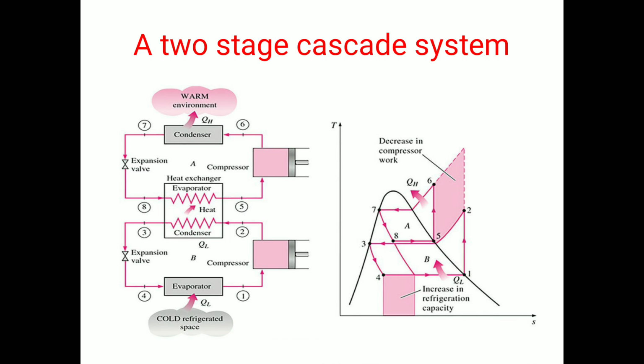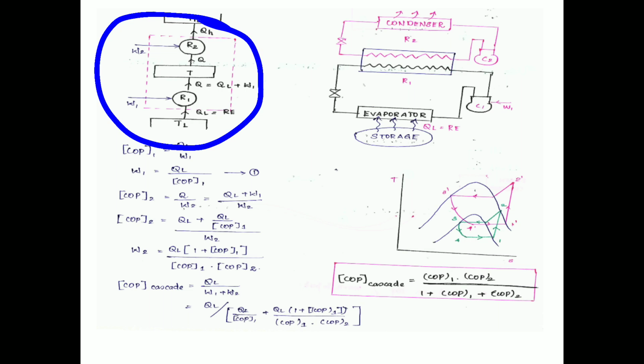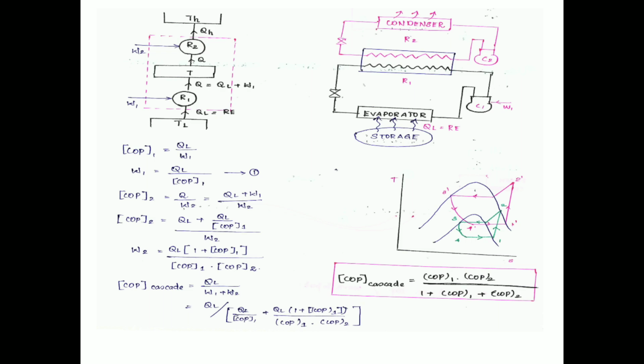Let's try to find the COP of a cascade refrigeration system. This is the thermodynamic equivalent system of the vapor compression cascade system. This is the lower temperature and this one is the higher temperature, and we are using two compressors, R1 and R2.